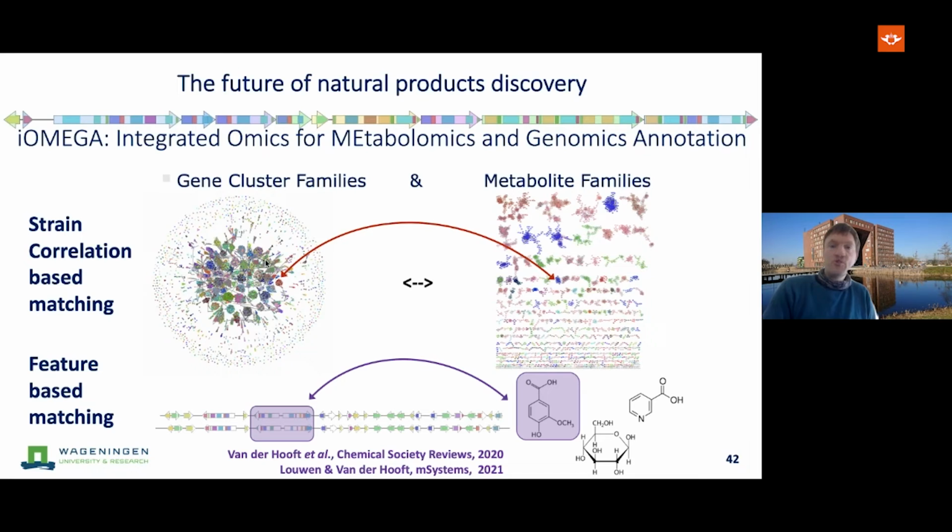Does this gene cluster produce a certain substructure? Does this molecule have the same substructure predicted in it based on its spectra? And then we can see if it matches or not. And we can use complementary scores to filter and rank the most plausible links between the gene clusters and the spectra in our data in order to find out the links between the molecules in the end and elucidate the molecules based on the genetic and the metabolic information.